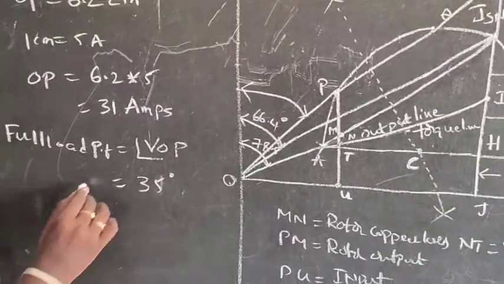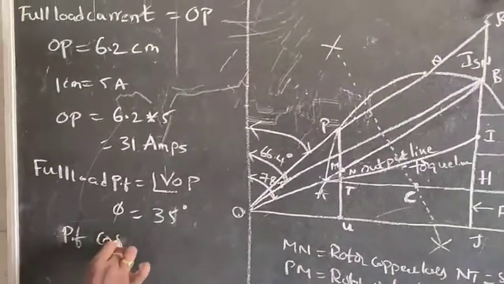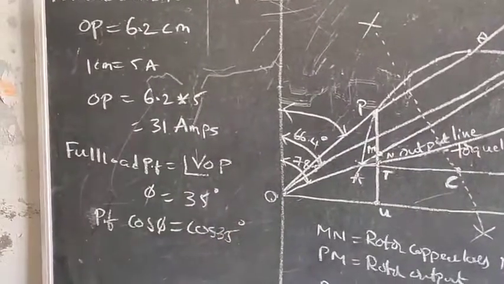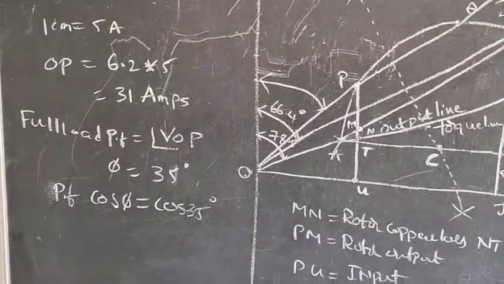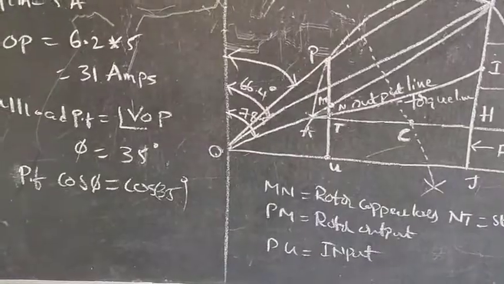That is the phi value. Power factor, cos phi, equals cos 35.